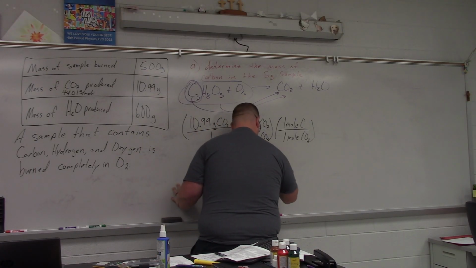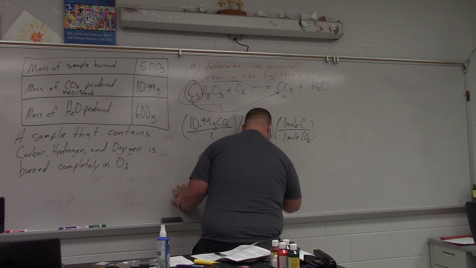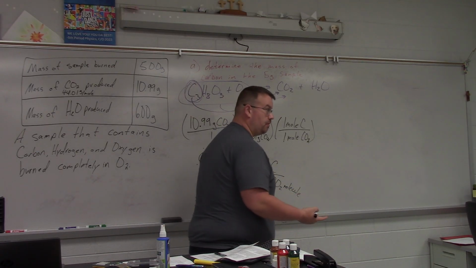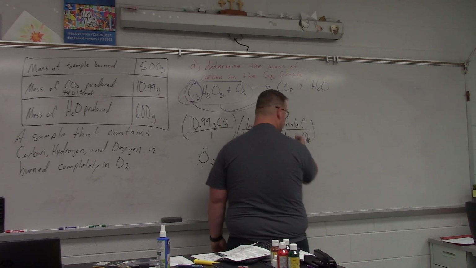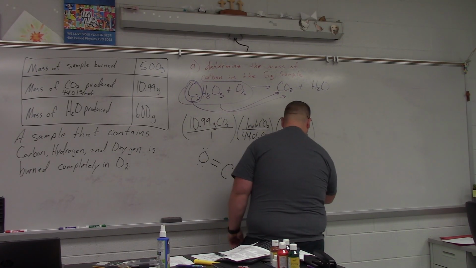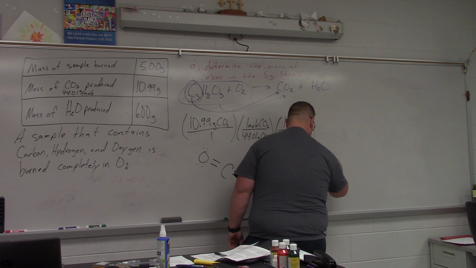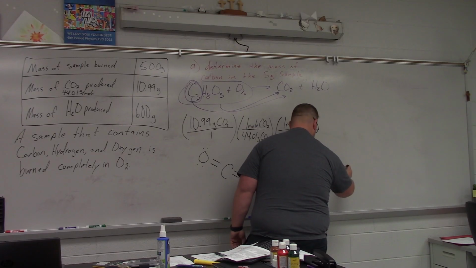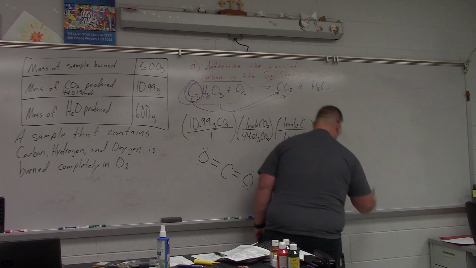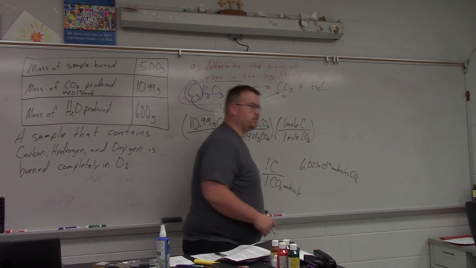So I have 1 carbon per 1 CO2 molecule. Okay, I get that part. I'm using that identity because I have 6.022 times 10 to the 23rd molecules of CO2. That's how many molecules I'm telling you I have.